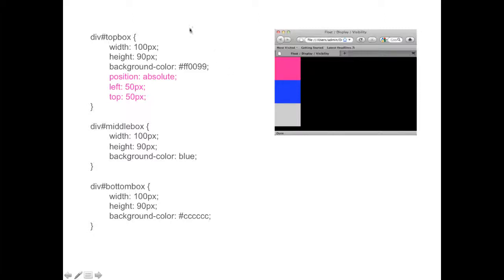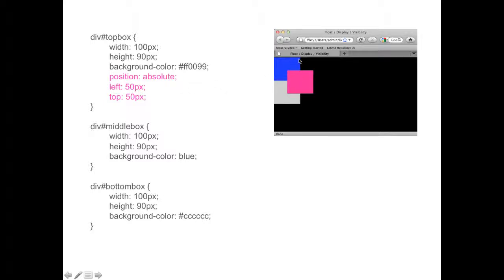The same example, but now we are applying a position absolute to the fuchsia box and not a position relative. Let's see what happens. Okay, so this is the opposite of the previous slide. We applied a position absolute to the fuchsia box.